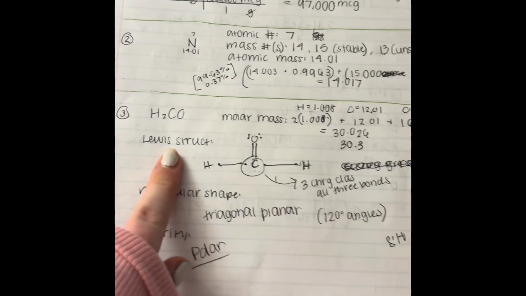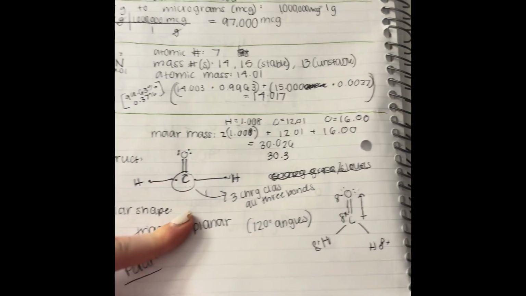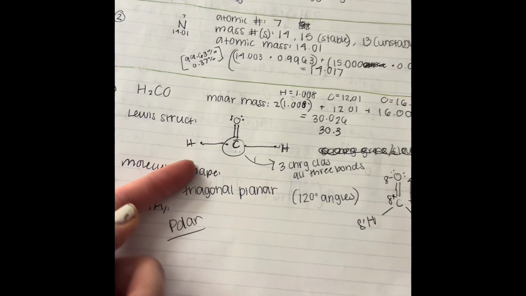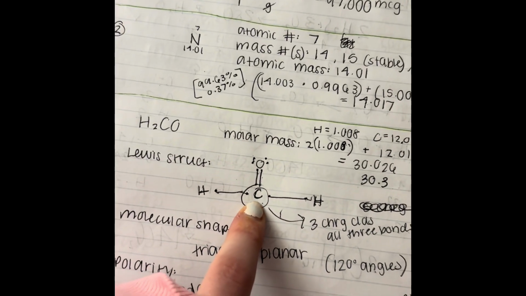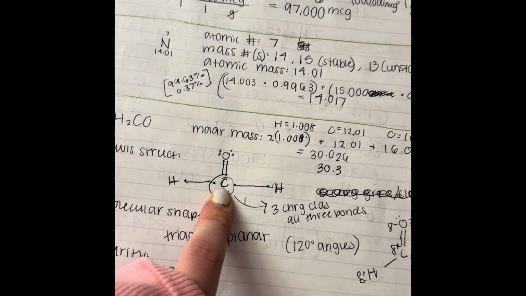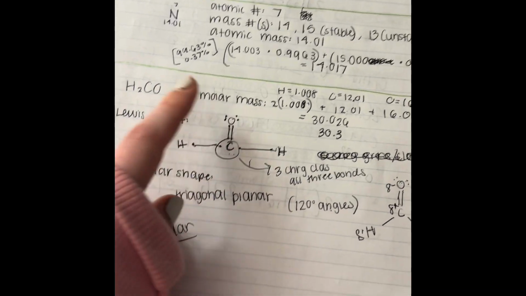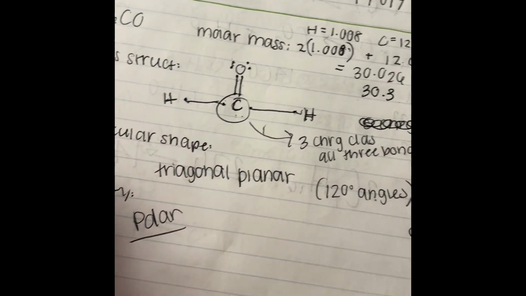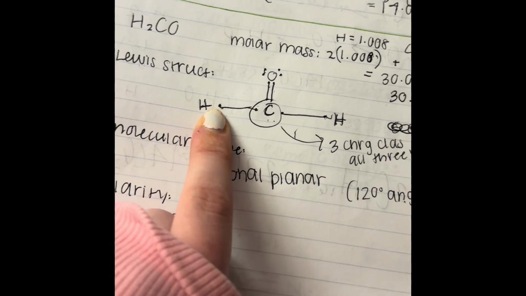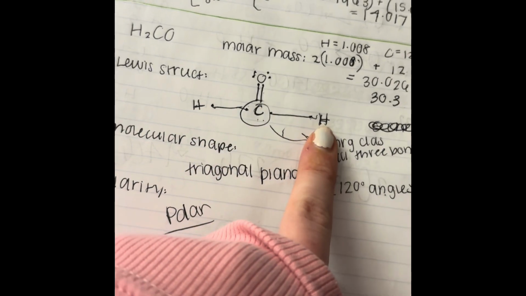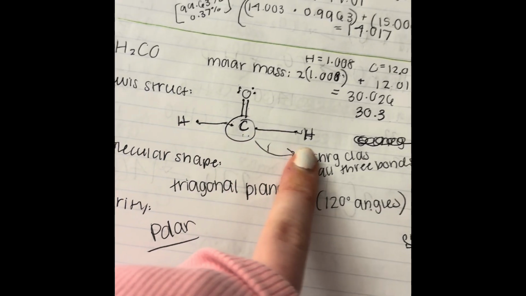Next question is asking me to draw the Lewis structure for this compound. So I started by drawing carbon and hydrogen on 2 sides and then oxygen. And then to organize the electrons, we're going to put the hydrogen's 1 and hydrogen's 1 on this side. Each one has 1.